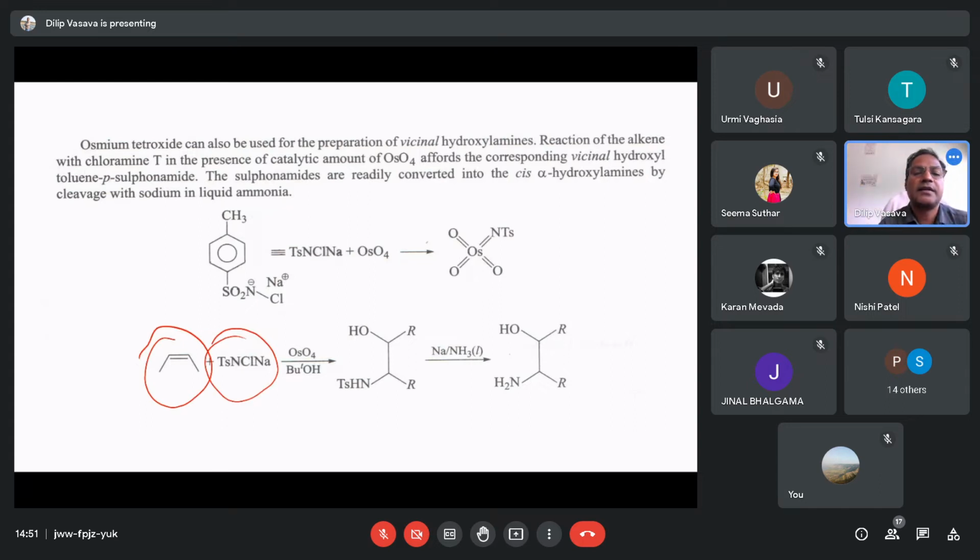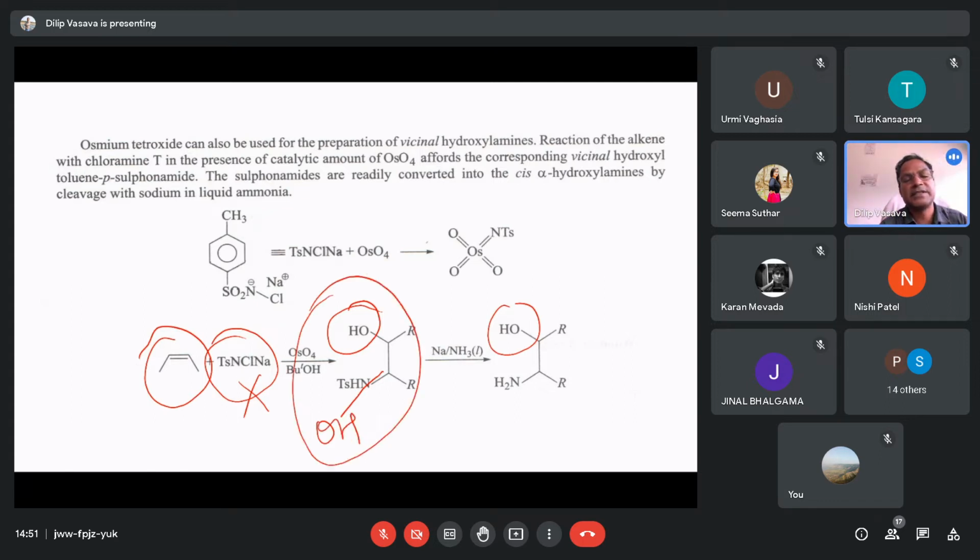So that gives the OH group. Otherwise, if this was not utilized, it is supposed to give the diol, but this is a very specific reaction, so only one OH group is remaining, and from this tosyl chloride it gives the amine.